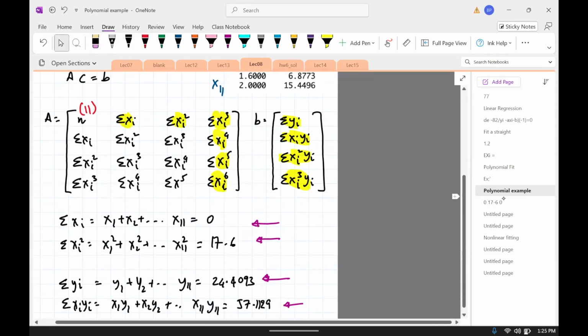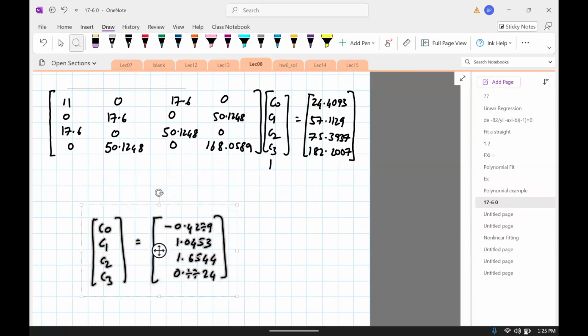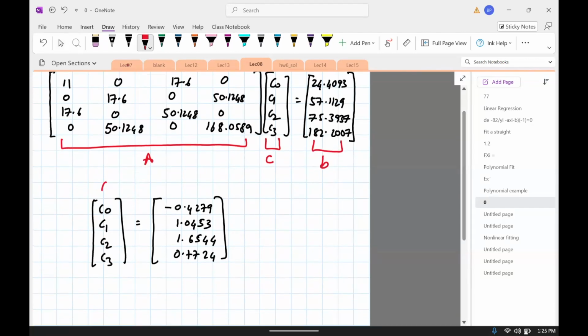I wrote them down here. This is C. So maybe I'll write it down here so it'll be very clear. This is A, this is C, this is B. And this is C equals A inverse B.